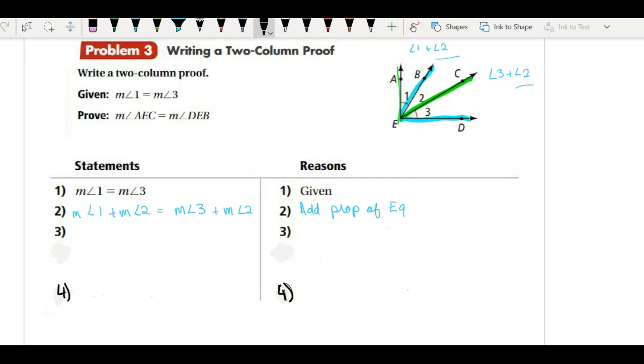So I want to look at where I'm trying to get. So I'm trying to get to something that looks like the measure of angle AEC. Oh, I've got that. So I can put that the measure of angle 1 plus the measure of angle 2, and I'm just going to write it in this different format, is equal to the measure of angle AEC.